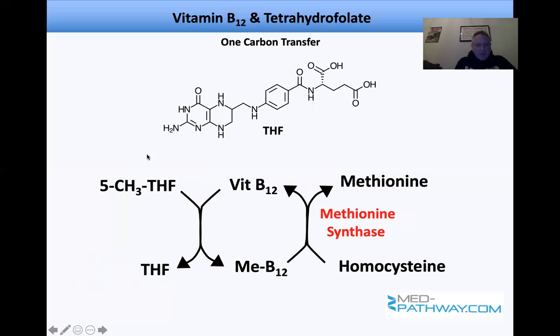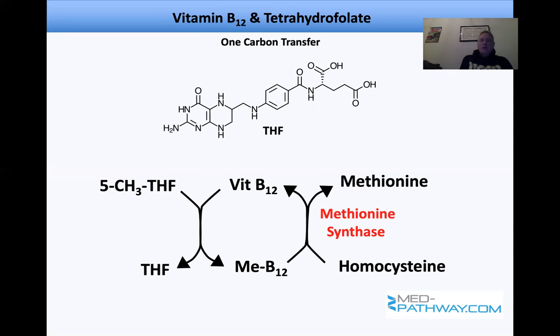And so what happens is that 5-methyl tetrahydrofolate donates a methyl group, a 1 carbon transfer, over to B12 to make methylated B12. And then the methylated B12 passes that methyl group onto homocysteine to make methionine, because methylated B12 is a cofactor for methionine synthase.